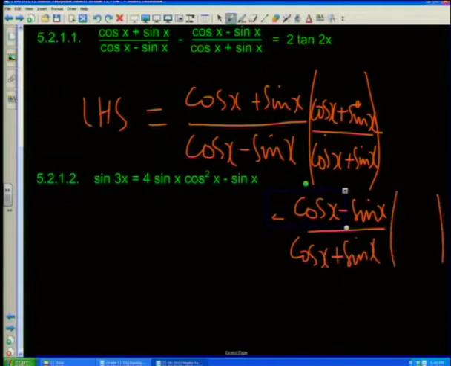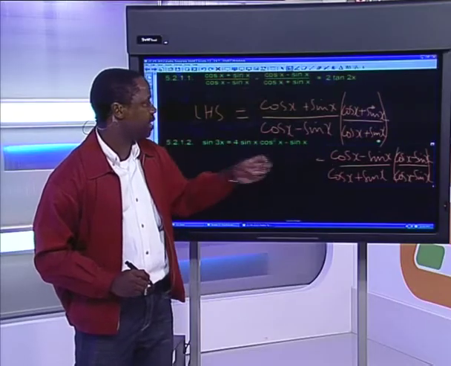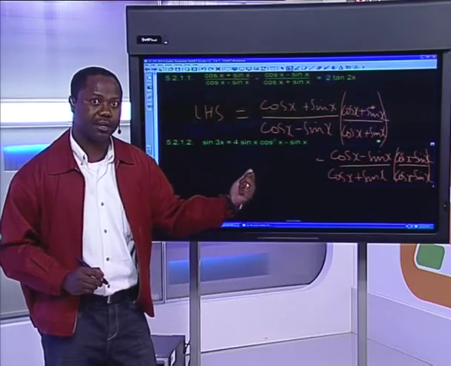And again, I want to create a situation where the denominators are the same. So I will have to use the negative 1 now. Cos x minus sine x, cos x minus sine x. So if you look at these two terms of this left-hand side, now they have a common denominator.